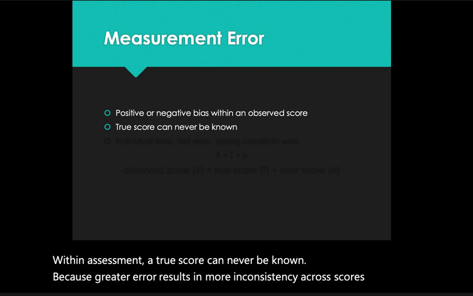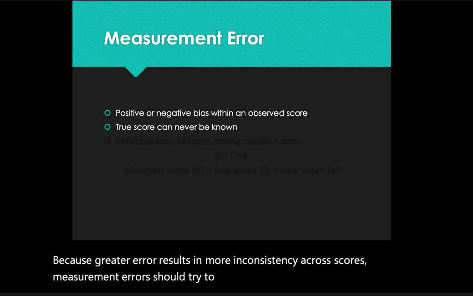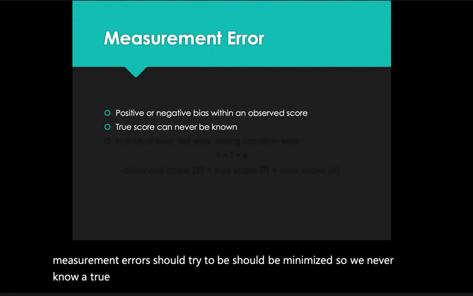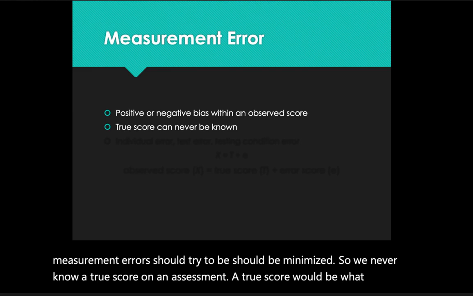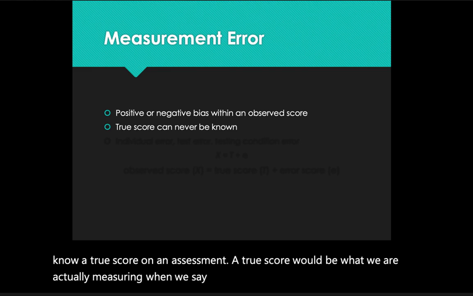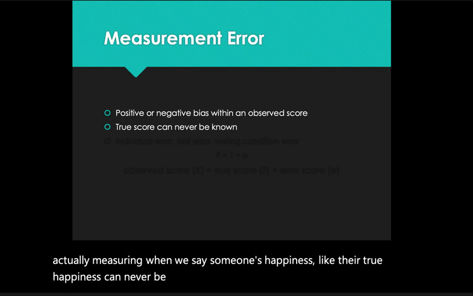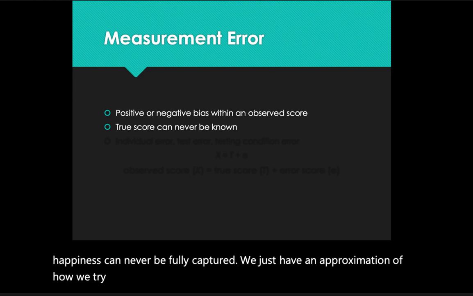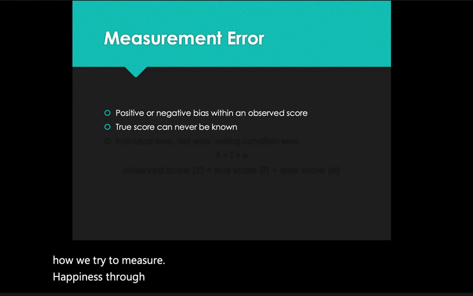because greater error results in more inconsistency across scores. Measurement errors should be minimized. So we never know a true score on an assessment. A true score would be what we are actually measuring when we say someone's happiness. Like, their true happiness can never be fully captured. We just have an approximation of how we try to measure happiness through various scales.